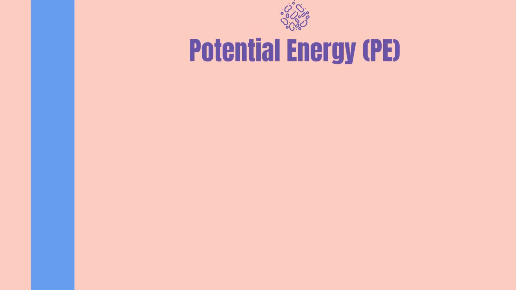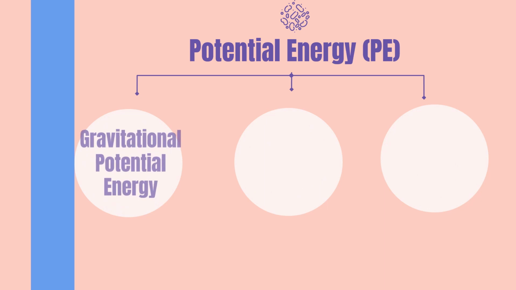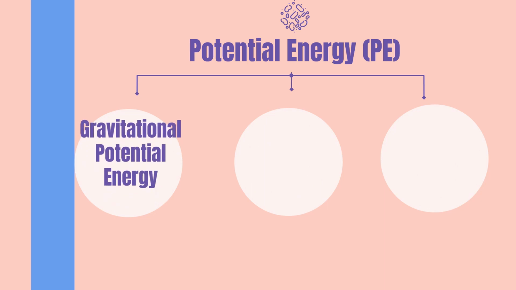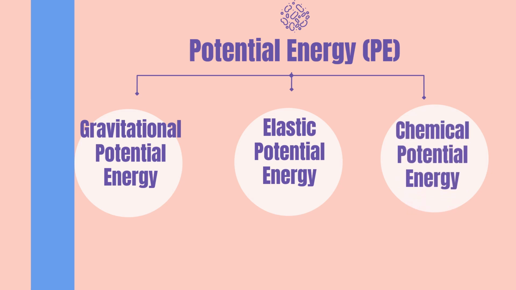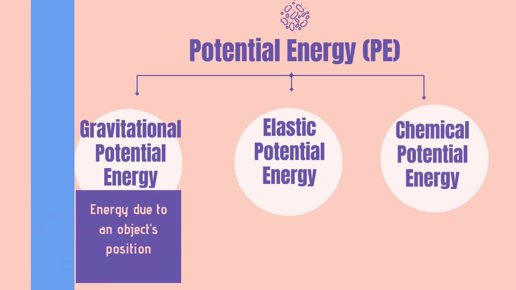The potential energy can be classified into three. We have the gravitational potential energy, the elastic potential energy, and the chemical potential energy. The gravitational potential energy is the energy due to an object's position, like our example a while ago, the rock that is located on top of the mountain.